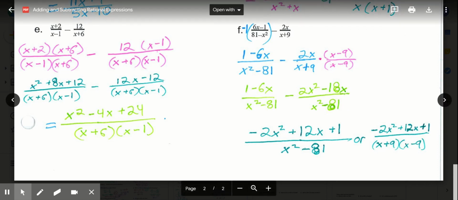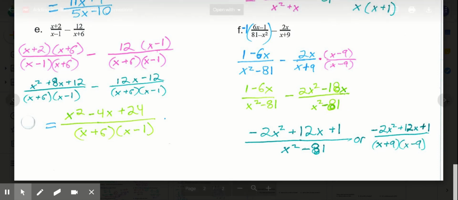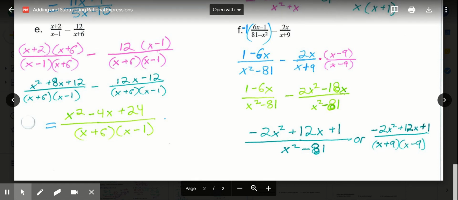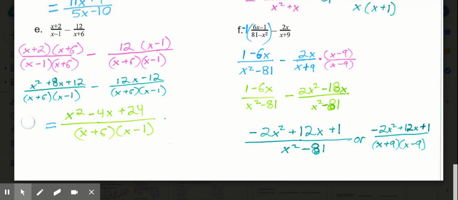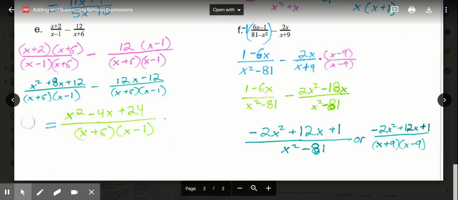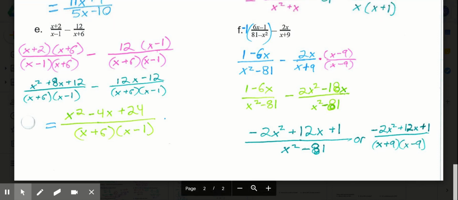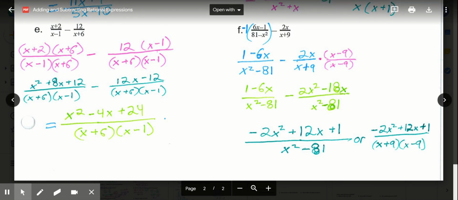Do our subtraction on top, and we have a negative 2x squared plus 12x plus 1 over x squared minus 81, which is a perfectly good final answer. Or if you wanted to go a step further and factor the bottom to x plus 9, x minus 9, that would also be fine.